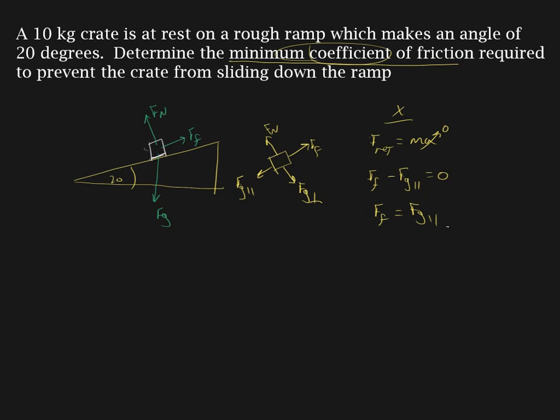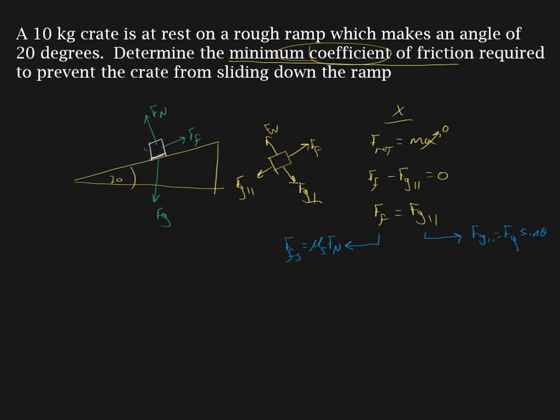And since I don't have numbers for FG parallel and the coefficient doesn't show up, I have to redefine my quantities. And I'm going to use my definitions from the equation sheet to do that. So FG parallel becomes FG sine of theta, and the force of friction, the definition, now this is static friction, is equal to mu sub s times the normal force.